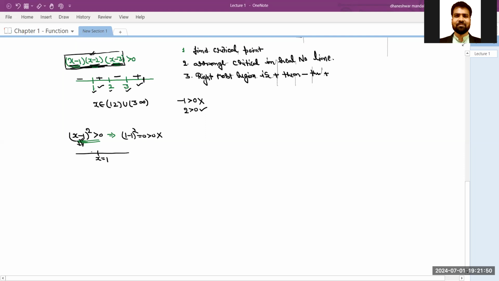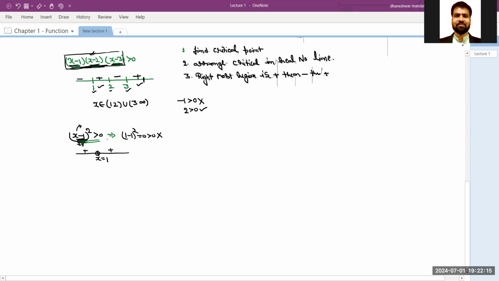This is not satisfied, so I cannot take this value. But if I take any number which is greater than 1, then this expression will be positive. If I take any number which is less than 1, then this expression is negative, and negative square is positive, so here I also get the positive sign.